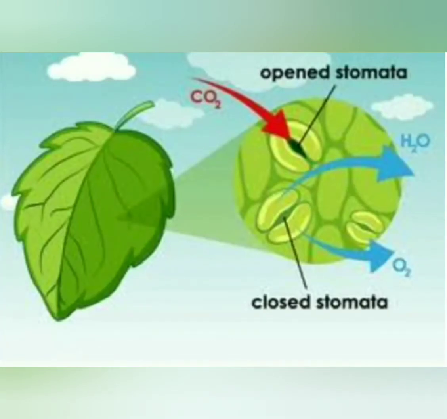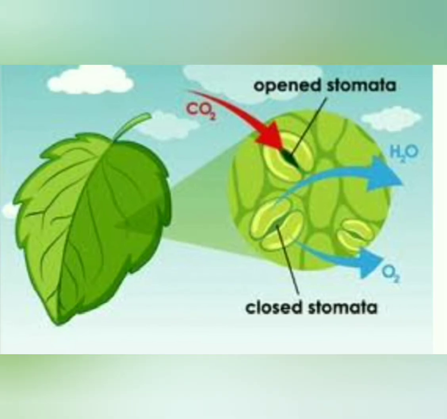On the lower side, or underside, of the leaf, there are many small tiny openings, and these tiny openings are called stomata. Yes, we learnt this in 3rd standard. Stomata help the plant to breathe, and they can open and close also.